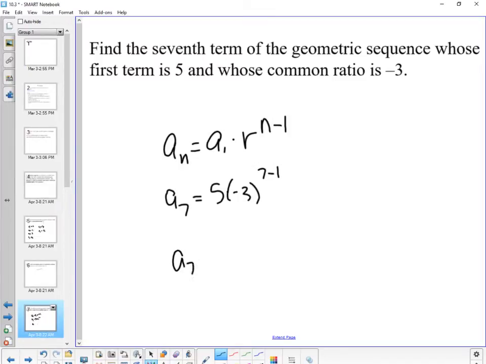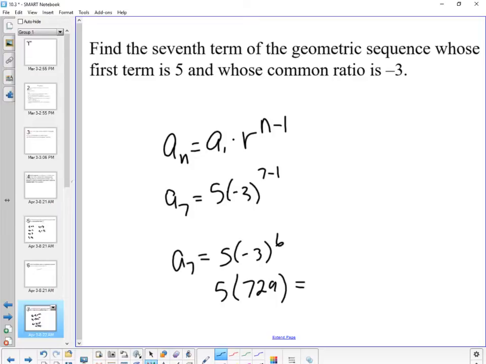But you see what I'm talking about? A lot of times you're going to want to go, oh, 5 times 3 is -15. Don't do that. You're wrong, you just lost points. So 5 times -3 to the 6th. What's that right there? Some very big positive, it's 729.